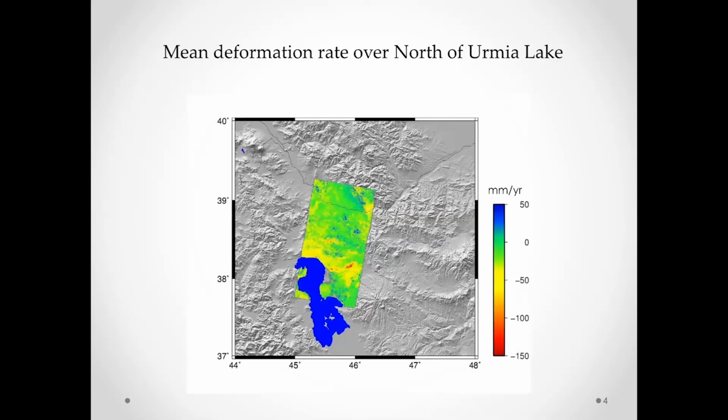And I got a mean rate of deformation using the Scripps algorithm in GMTSAR, and this is the mean deformation rate over northwest of Urmia Lake.